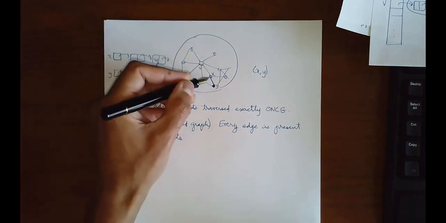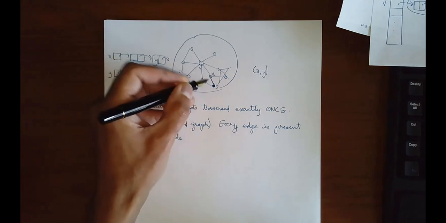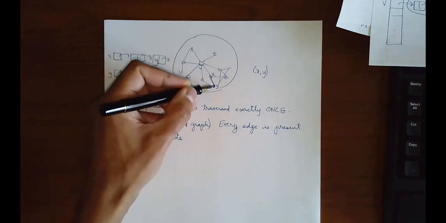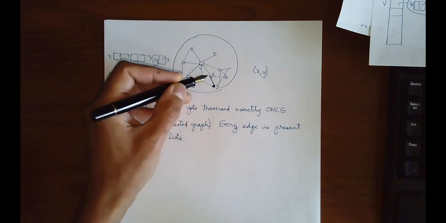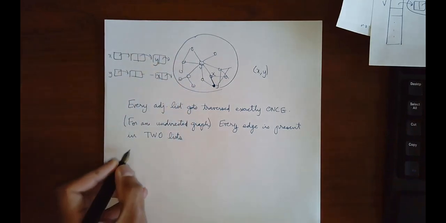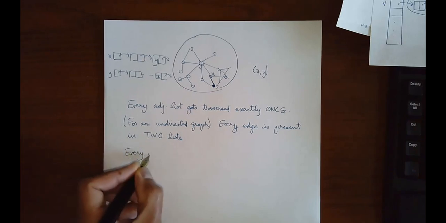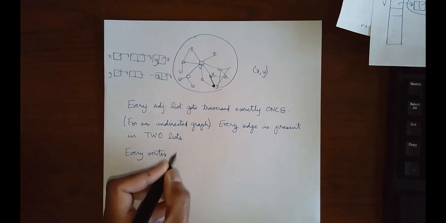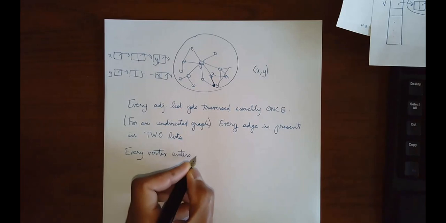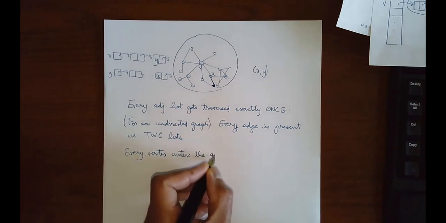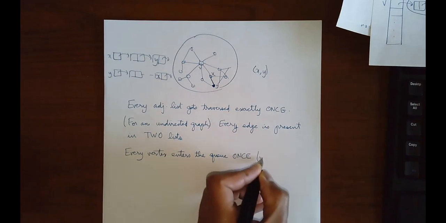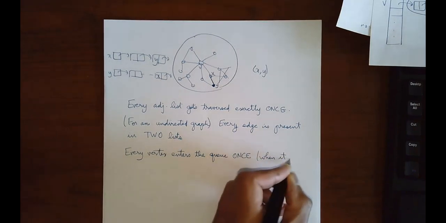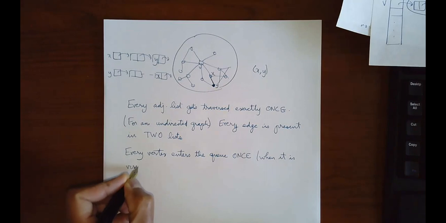Indeed, when x gets dequeued, then y is going to enter the queue. But when y is looking at x, x is not going to enter the queue, because every vertex enters the queue once, when it is visited.